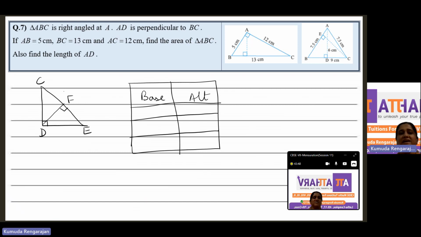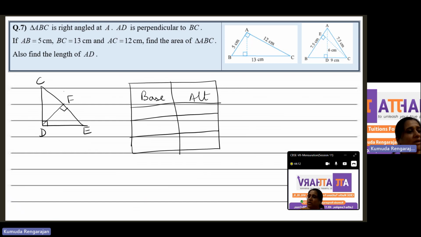You write all the three sides, which are the bases, and their respective altitudes, one by one. If you finish, you can come and show me. Three spaces are there because the triangle has three sides. Each side is the base, right? So for each side, take it as a base and write the corresponding altitude.